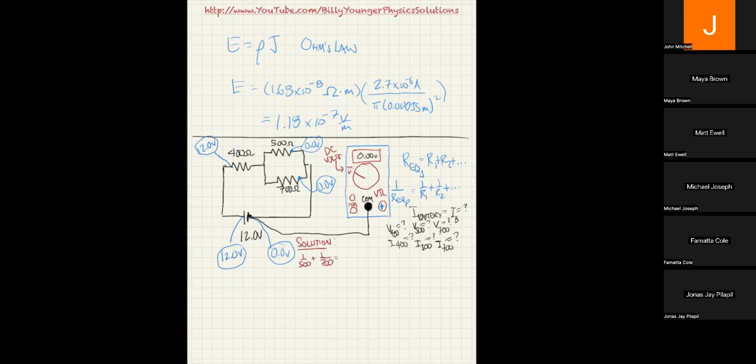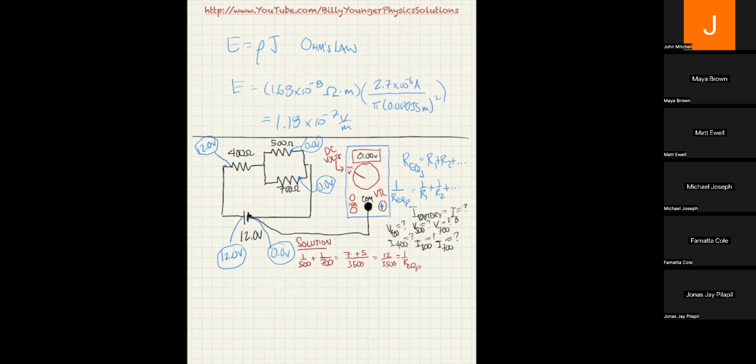I can get a common denominator of 3,500, in which case I multiply the 1 over 500 by 7 over 7, and the 1 over 700 by 5 over 5, so that I get 12 over 3,500, which is 1 over R equivalent for the parallel.